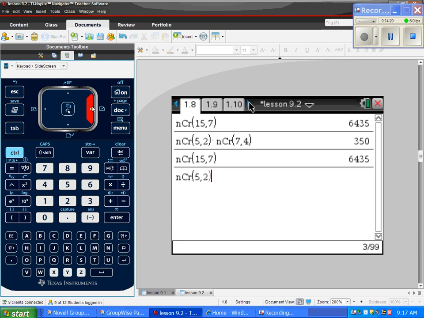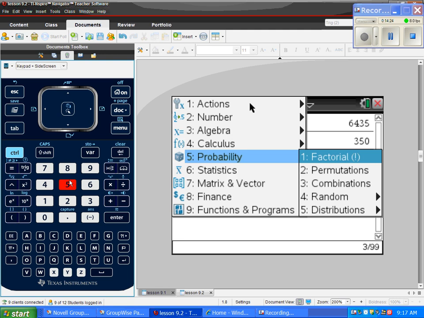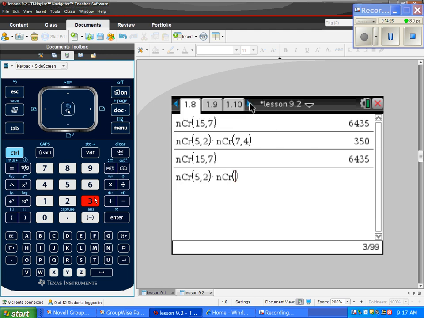Make sure you watch your parentheses and multiply by 7C4. Everybody get 350? 350 different ways I can pull out the marbles.